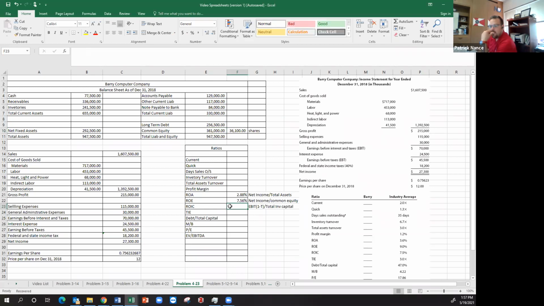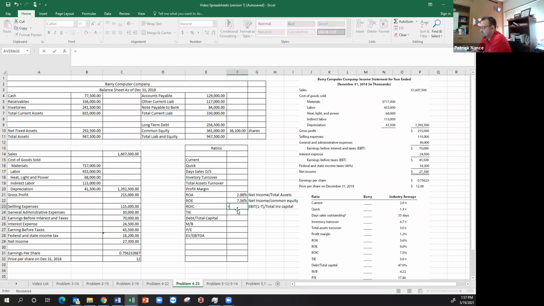Okay. So the EBIT amount is right here, 70,000.